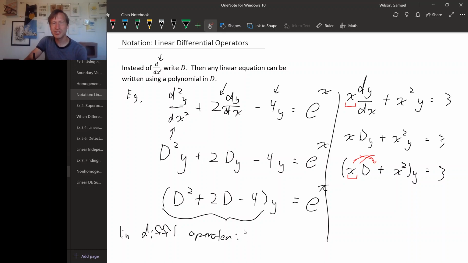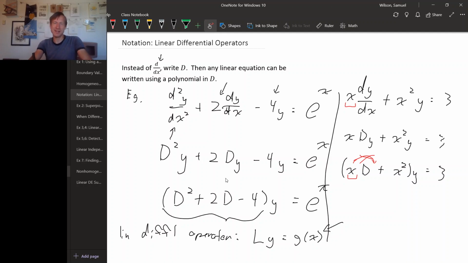First, you could just give this a name. As a general name for a linear differential operator, you might just call it L, and then your differential equation looks like Ly equals some function of x. So rather than writing out the big general form for a linear differential equation, we can just write this abbreviation.